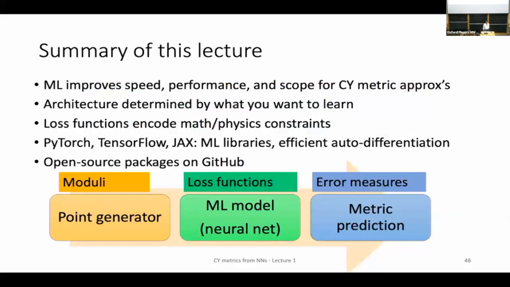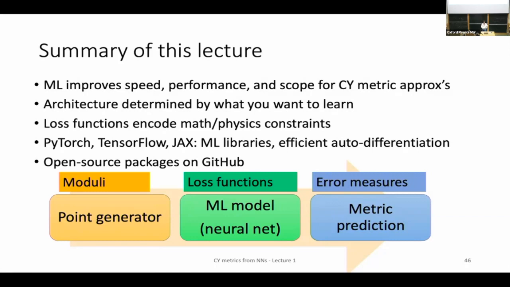Okay, so to summarize this lecture then, what I wanted to argue, but I have basically just said it in words, is that with machine learning, we can improve on other numerical methods for learning Calabi-Yau metrics. And the things that are improving are the speed, the performance, and the scope. There are different packages available, and that can be used. And the architecture of these packages differ because depending on your goals, you may want to learn different things.